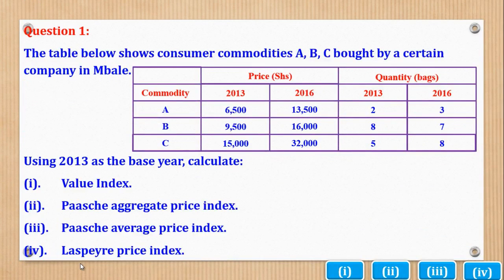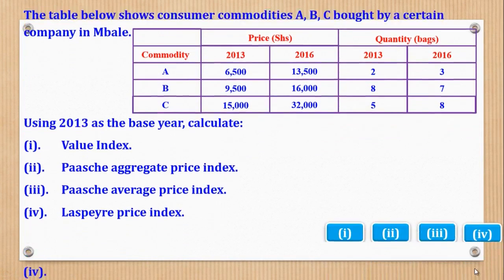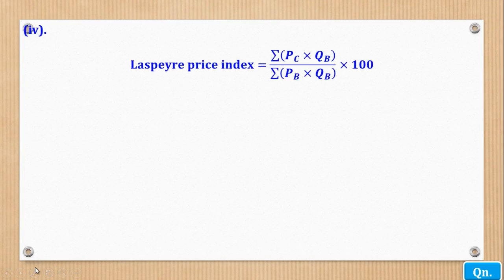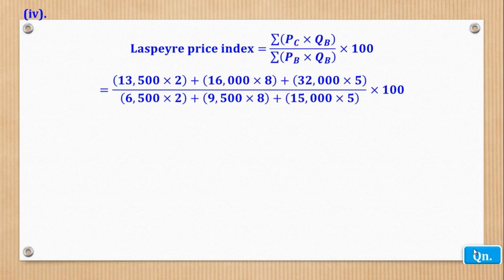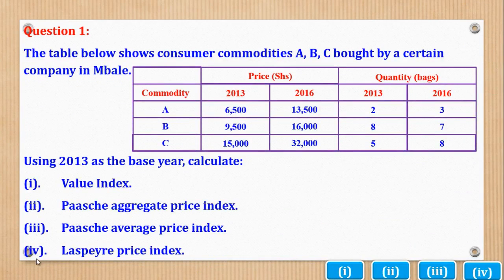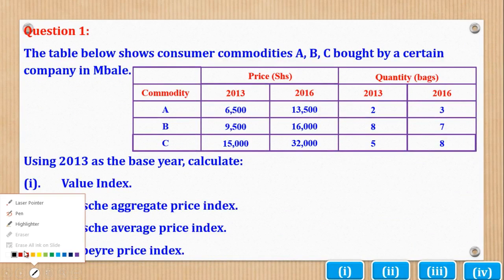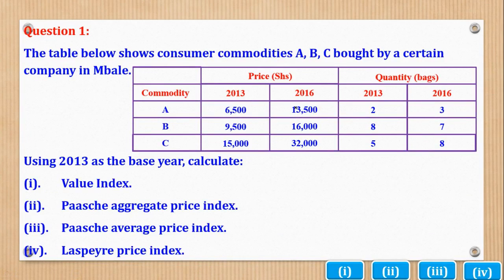What about Roman 4? For Roman 4, they wanted the Laspeyres price index. So for Laspeyres we use base quantities. Therefore, we shall come here and quote the formula. Then we shall substitute. So here it means that when you come here, for the numerator, we are going to use PC times QB. So this times this, this times this, this times this.